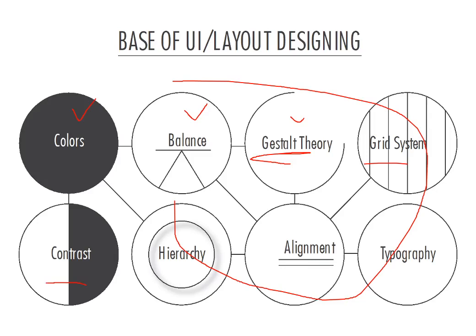The hierarchy of the elements, and alignment and typography, and that is about understanding what kind of text style users want to see and expect, and also what it symbolizes. As you can see, they are not separate topics, because I tried to find the connections and relevance here by connecting these with lines.